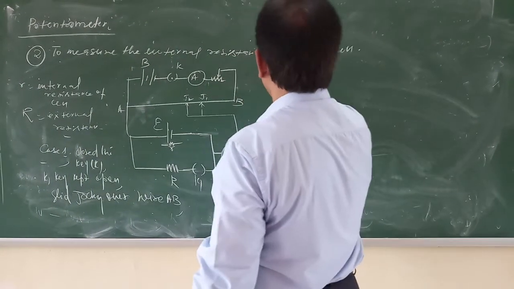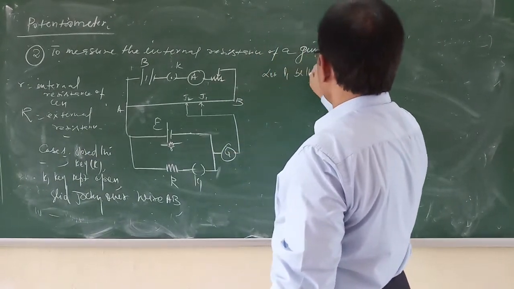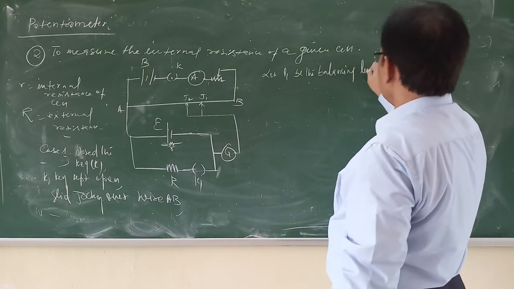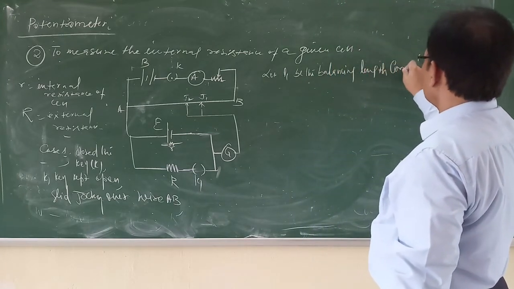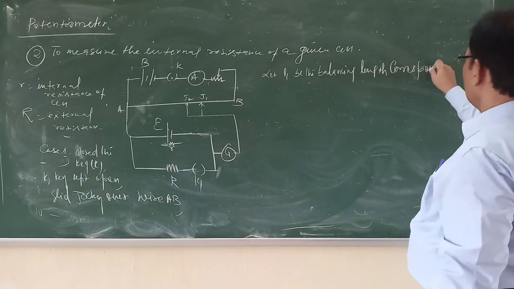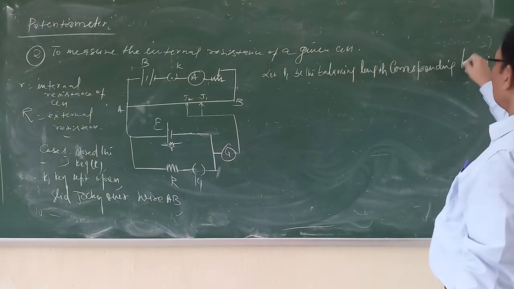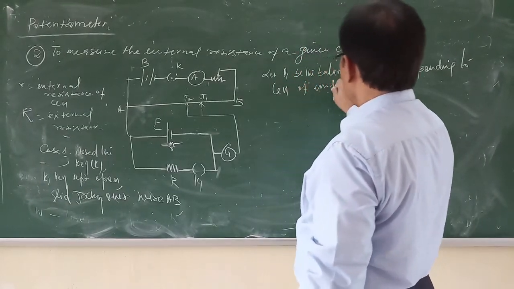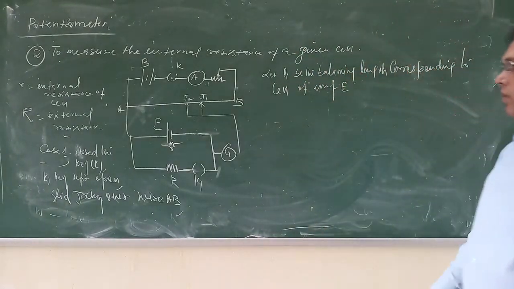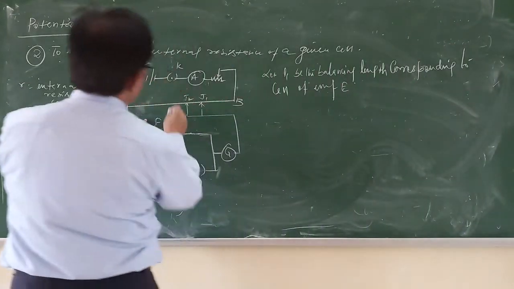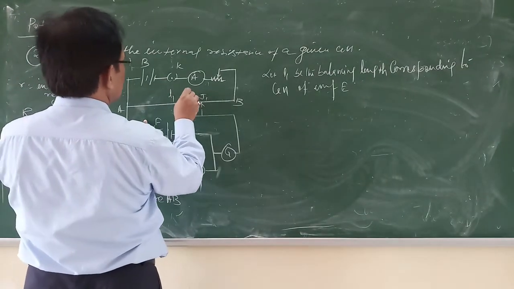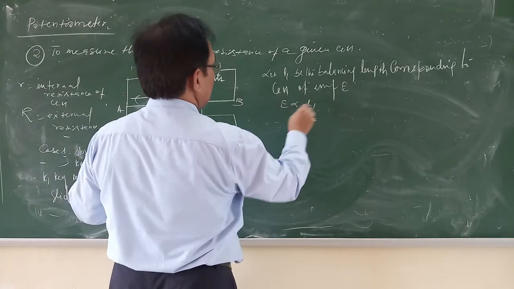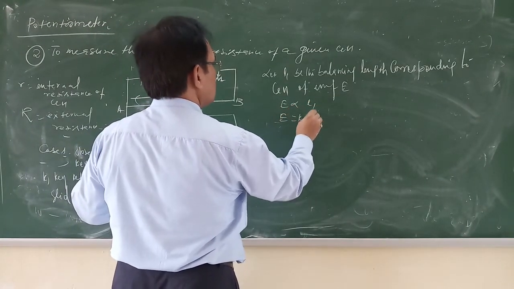Let L1 be the balancing length corresponding to the cell of EMF E. So this is L1. So E is directly proportional to L1, E equal to KL1.